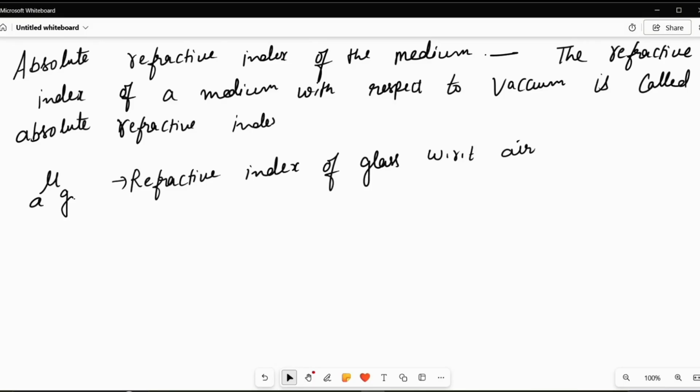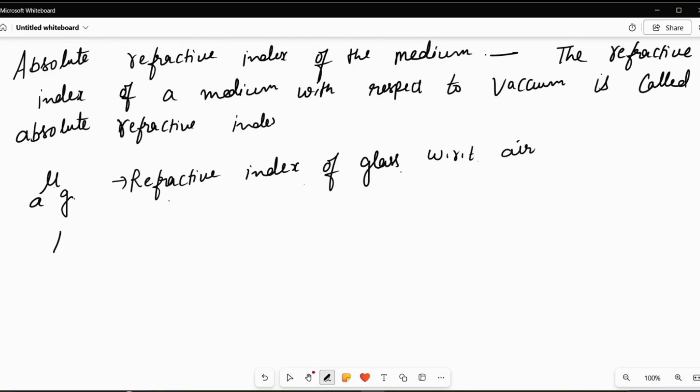Light is going from air to glass. Okay, light is moving from air to glass. So that we call the refractive index of glass with respect to air. So this is an absolute refractive index of the glass because light is going from air to glass.